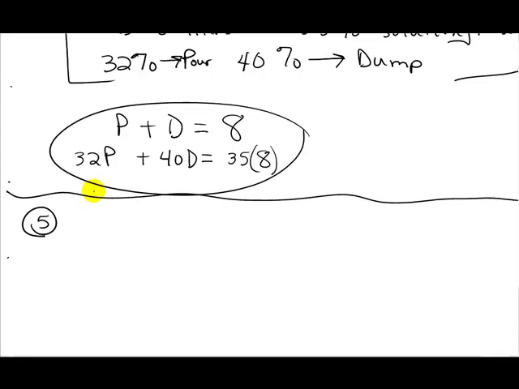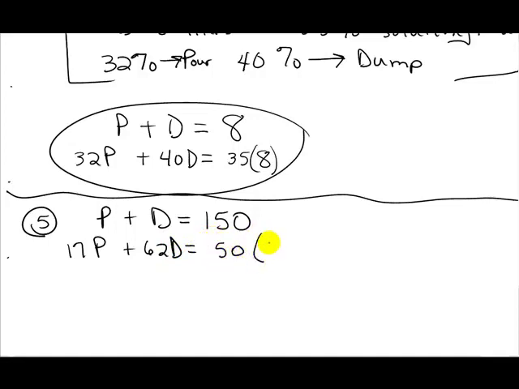Find how many milliliters of each should be mixed to get the desired solution. So we're going to pour and dump until we have 150 milliliters. We're going to use the 17% that we pour and the 62% of what we're dumping to get a new concentration that is 50%, and that N is 150.